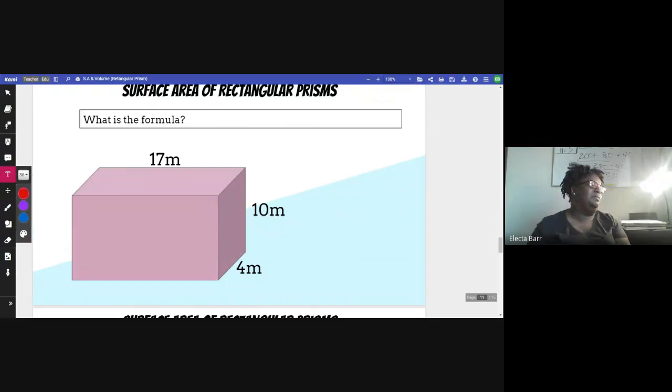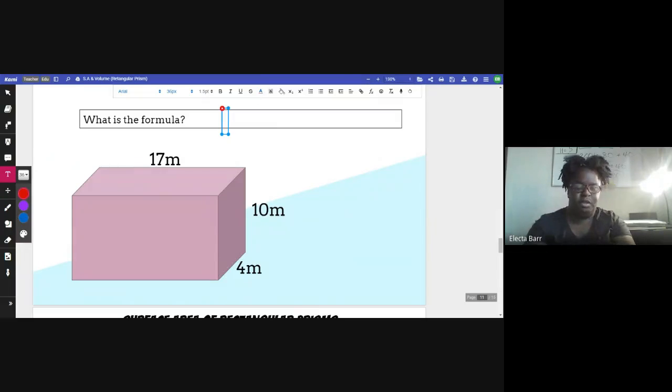So what I'm going to do first is rewrite our formula. This is all multiplication and addition.